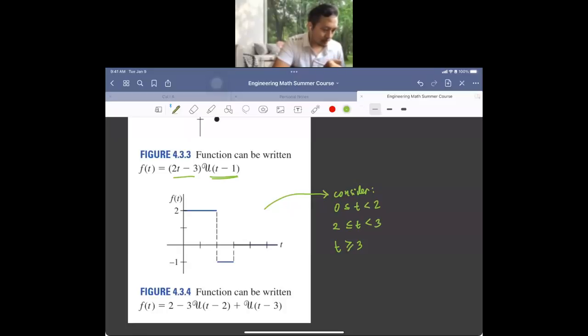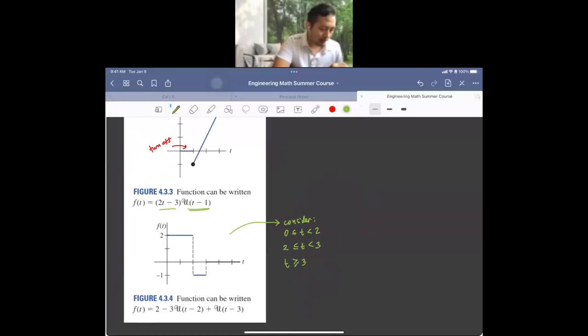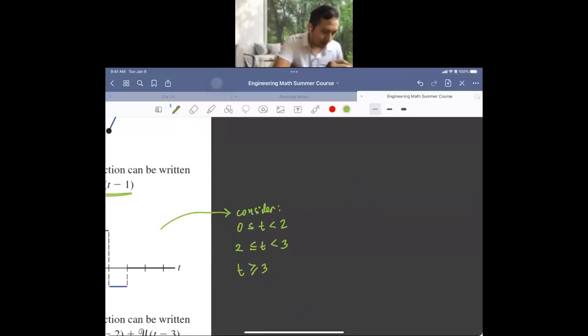This corresponds to what we have if we make the unit step functions for 0 to 2 and 2 to 3, so we will have t minus 2, and then t minus 3, from what we have.